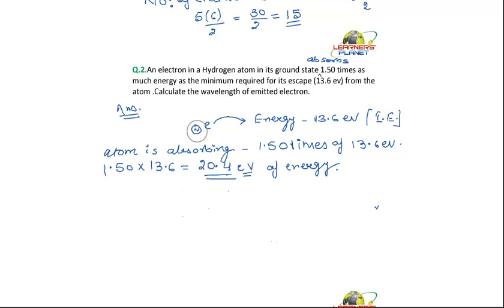So what is the difference in the energy we are getting? The difference in the energy, that is delta E, is 6.8 electron volts. This is the difference in the energies of the electron.